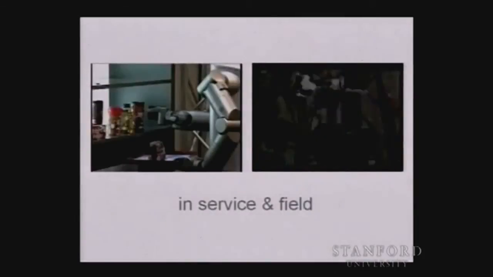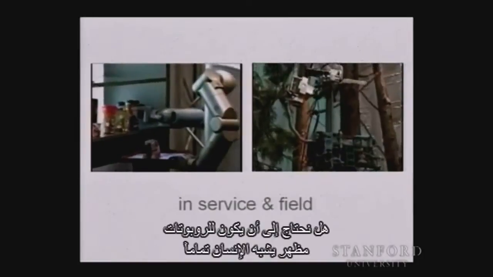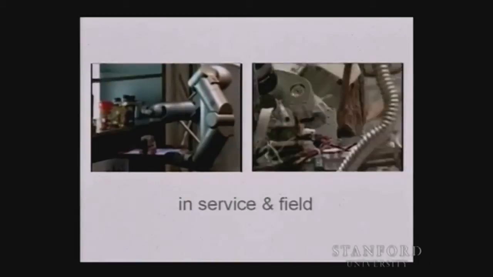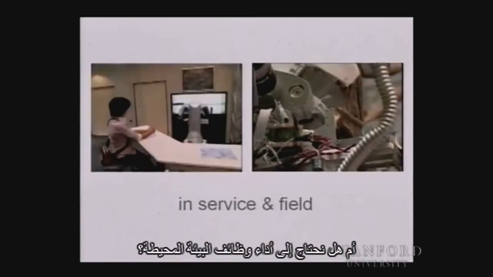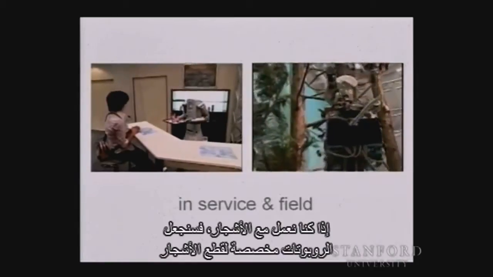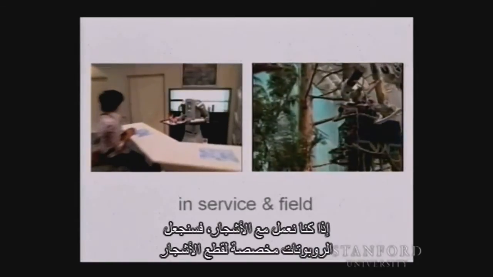So what do you think? Do we need robots to really have the perfect appearance of a human, or do we need the functionalities of the environment? If we are working with trees, we specialize the robot to cut trees.